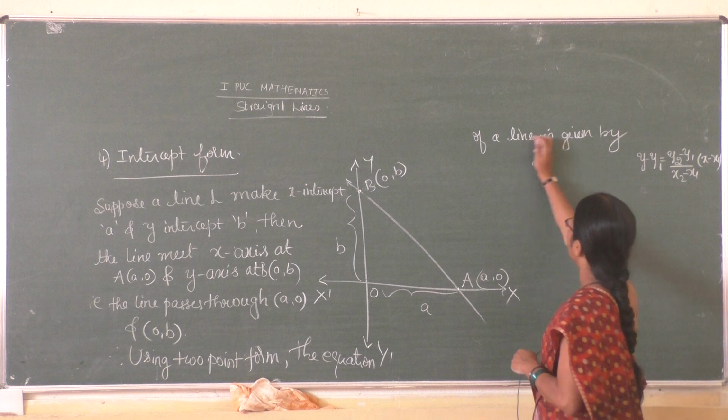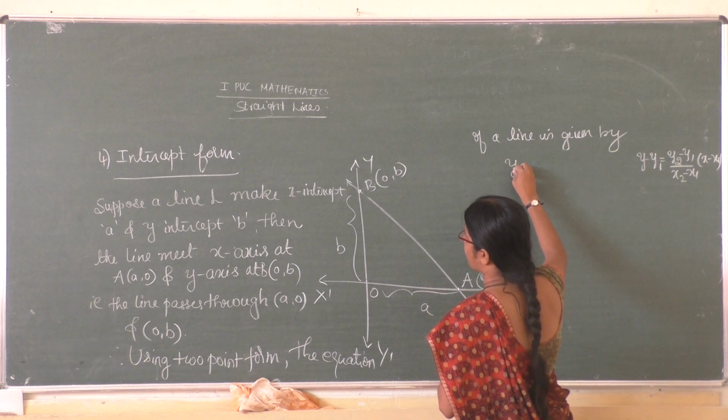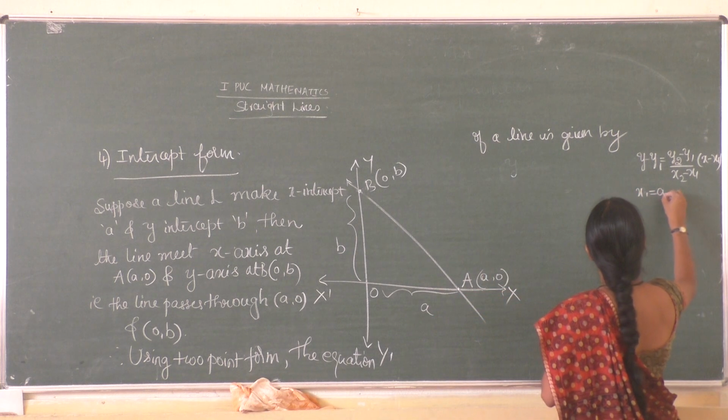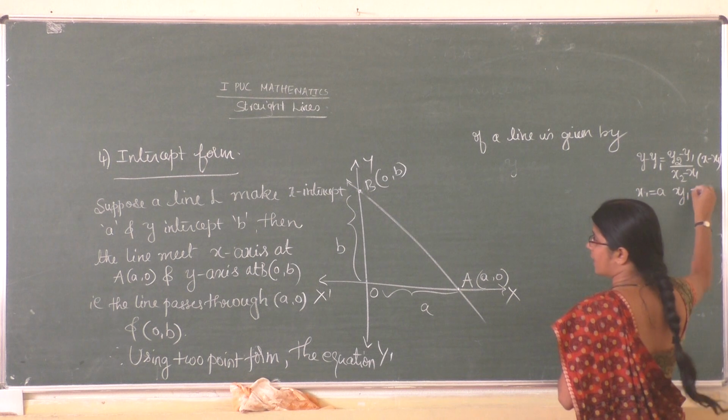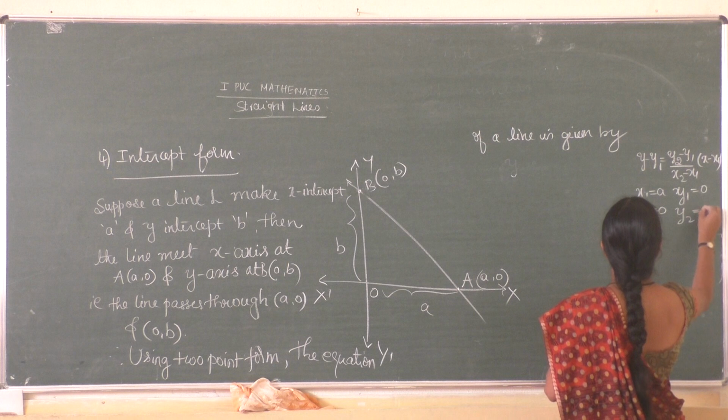Here, x1 is a, y1 is 0, x2 is 0, y2 is b.